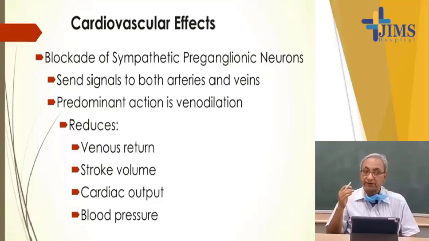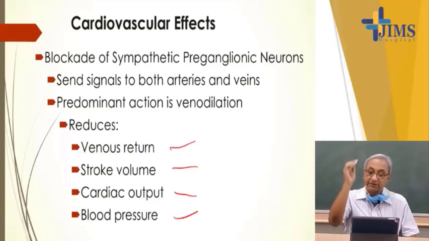As a result of the venous return being less, there is less blood in the artery, so the stroke volume also decreases, and when the stroke volume decreases, the cardiac output also decreases, and when the cardiac output decreases, the blood pressure decreases. So one after one this happens.